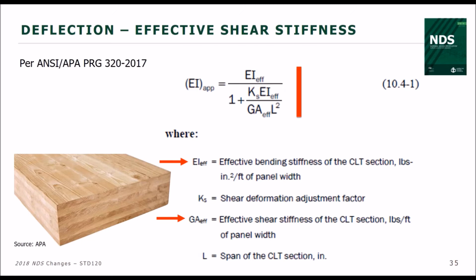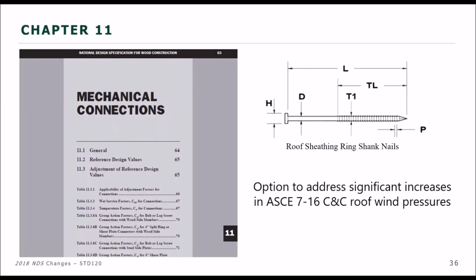And then the revisions to this actual equation had to do with being consistent with that standard and developing the EI apparent, which is the apparent bending stiffness.